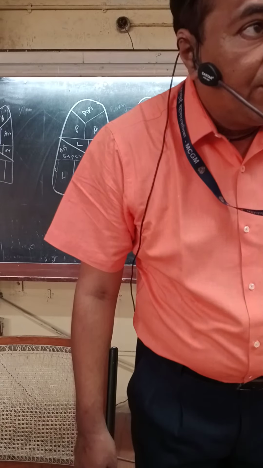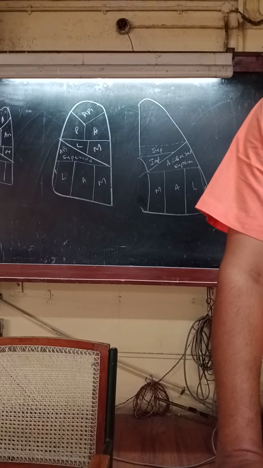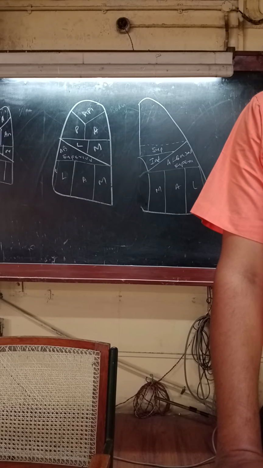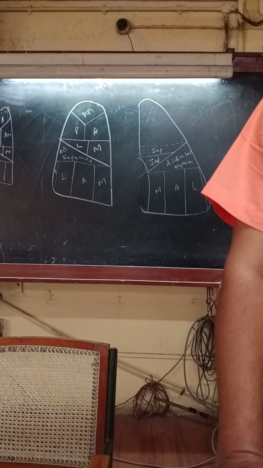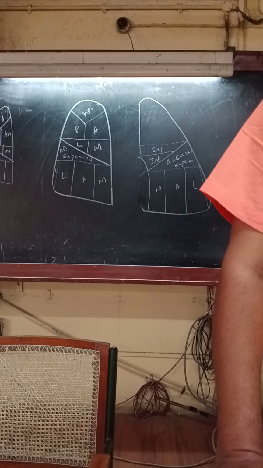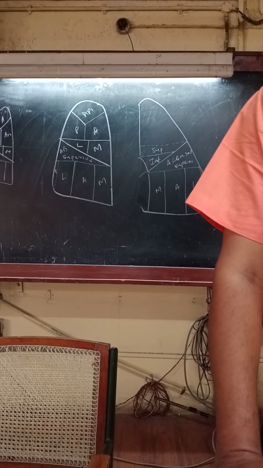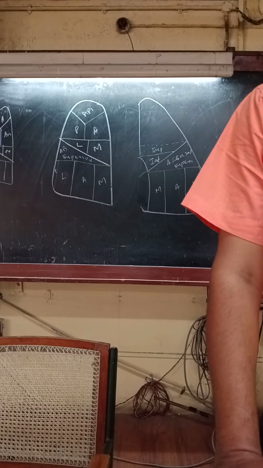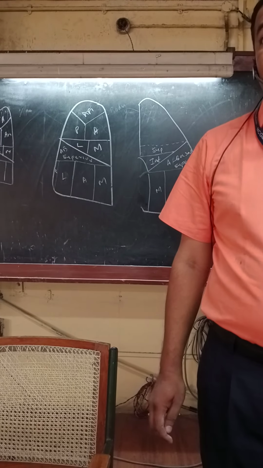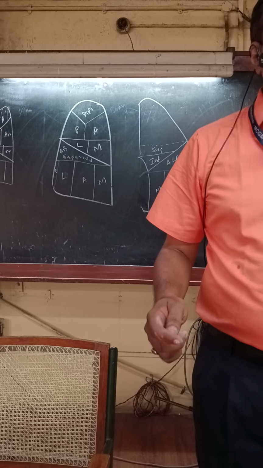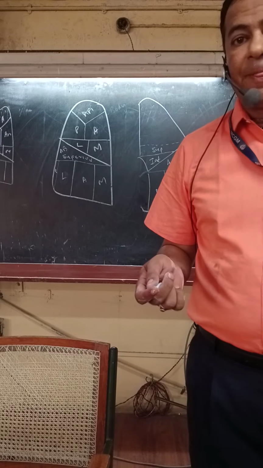Now, with the knowledge of bronchopulmonary segments, if some segment is affected, we do segmental resection. This is how surgery on the lungs has evolved from pneumonectomy to lobectomy to segmental resection.